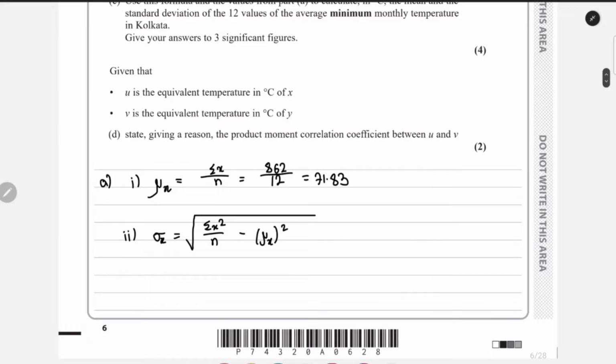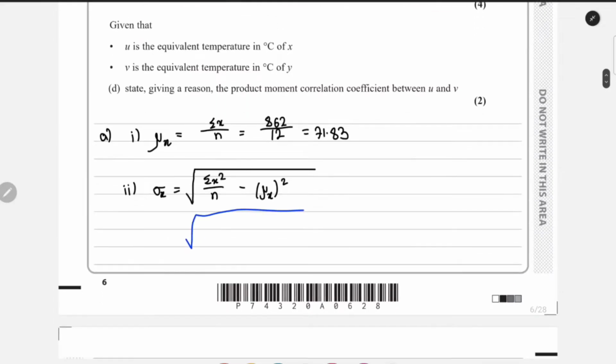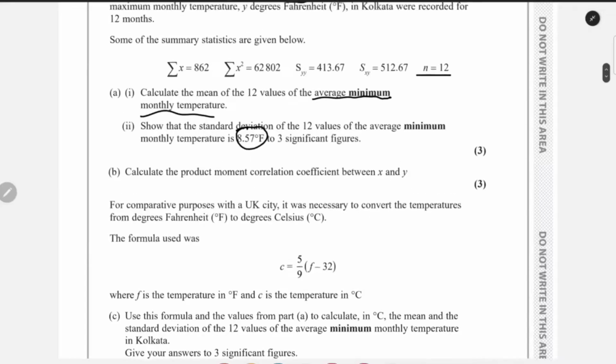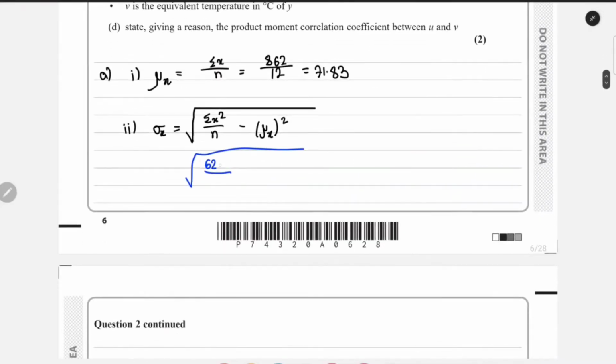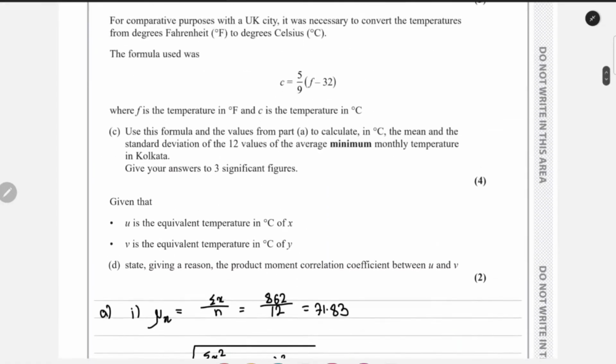So this would be root over summation of x square is 62,802, n is 12, minus 862 by 12 whole square. So this will come out to be 8.5716, which is 8.57 to 3SF. So we have shown what they wanted us to show.